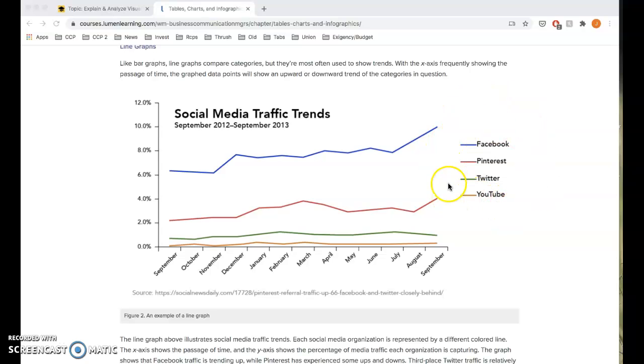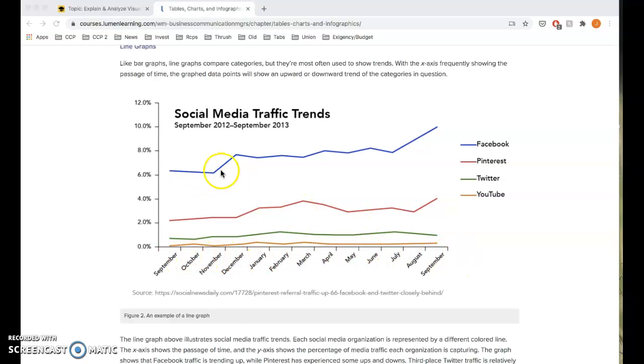And over here I have a legend that's color coded. It tells me blue is Facebook, red is Pinterest, green is Twitter, and the orange is YouTube. At a quick glance, I can see Facebook has the most traffic, Pinterest the second most, Twitter the third most, and YouTube the bottom. I can also see the trends over time.